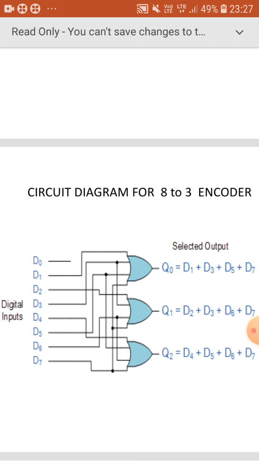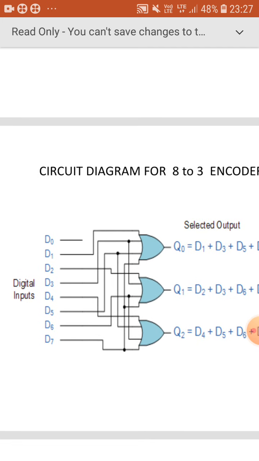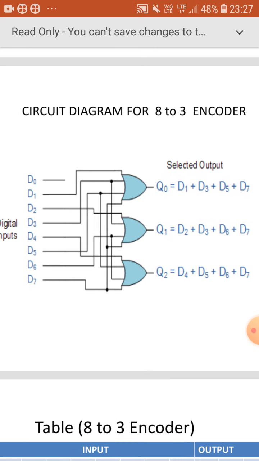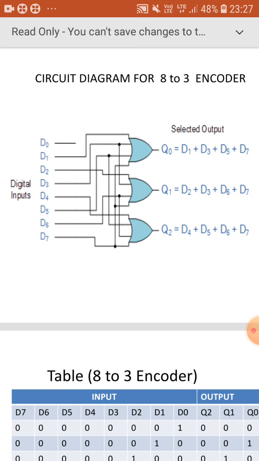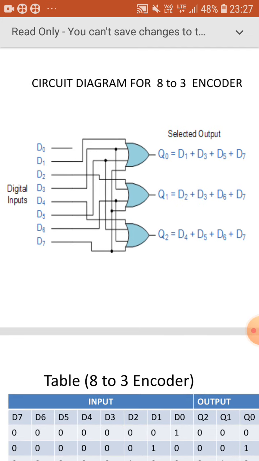Next we will see about the 8 to 3 encoder. In the 8 to 3 encoder we have 8 inputs and 3 outputs. In this circuit, D0, D1, D2, D3, D4, D5, D6 and D7 are inputs. Q2, Q1 and Q0 are outputs.